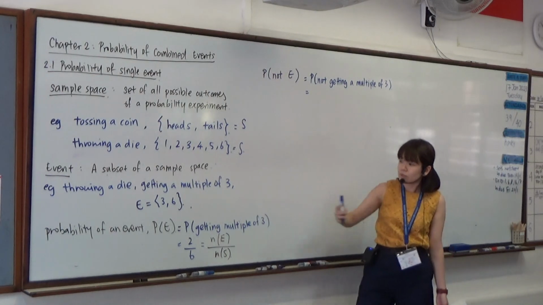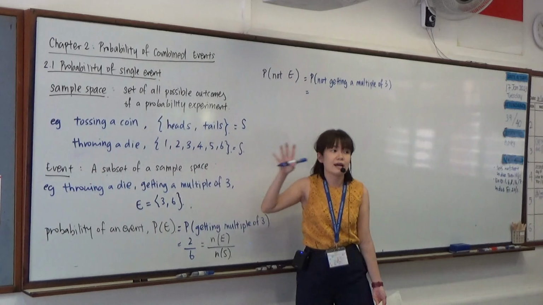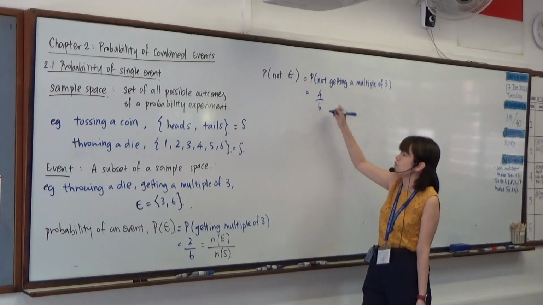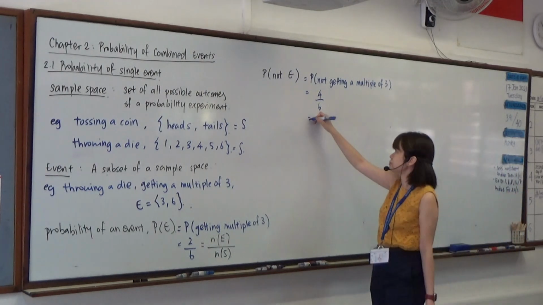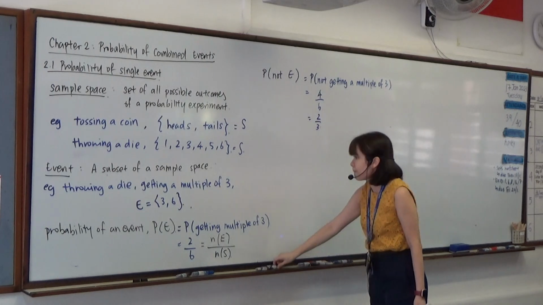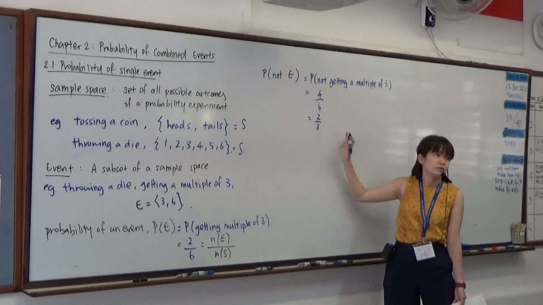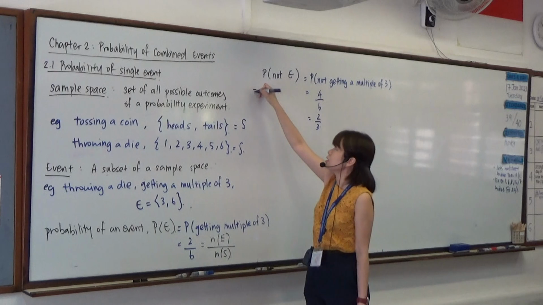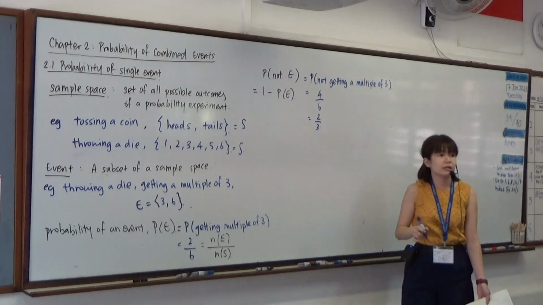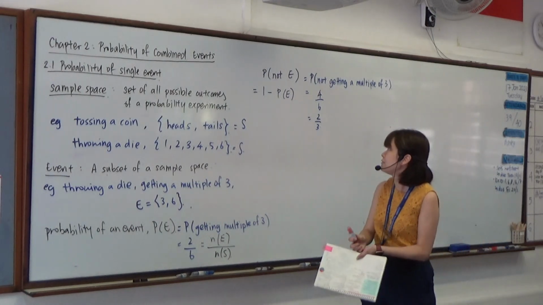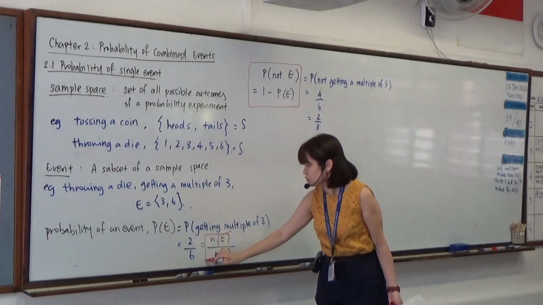We know that out of 6 possible outcomes, not getting 3 and 6 would mean that there are 4, so that probability is 4 over 6, which is 2/3. But another way, instead of counting like that, we also learned in Sec 2 that not E is the same as 1 minus the probability of E. So these are things that we have covered in Sec 2 before to find probability.